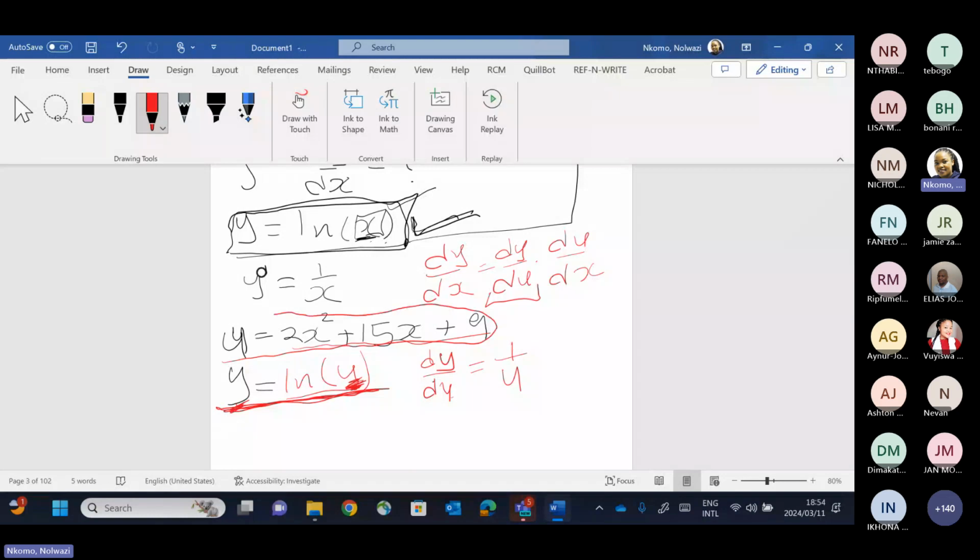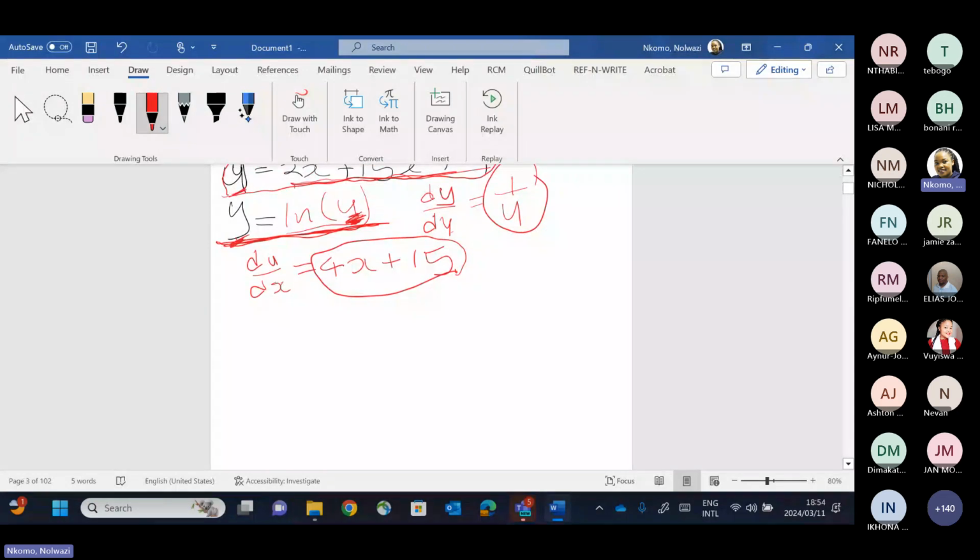So from here, we can differentiate this function with respect to x. This means we'll have du over dx, which is 4x plus 15. Then we substitute this here and this here.